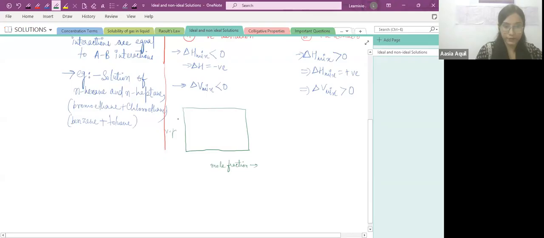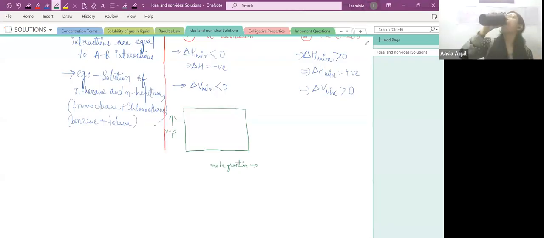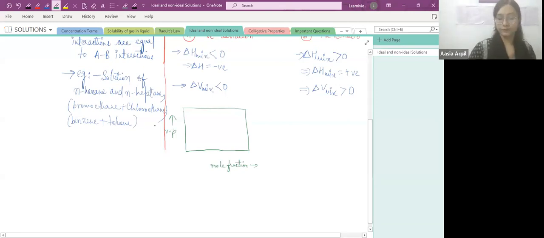Just remember the graph of Raoult's law.